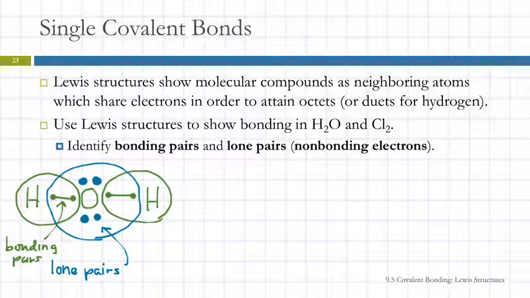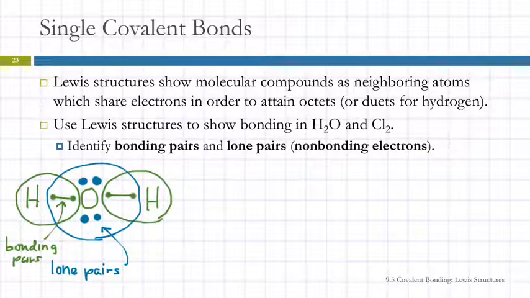So we look at this Lewis structure for water, and we see that oxygen has 2 bonding pairs and 2 lone pairs on it. Each of the hydrogens has 1 bonding pair. Any questions?